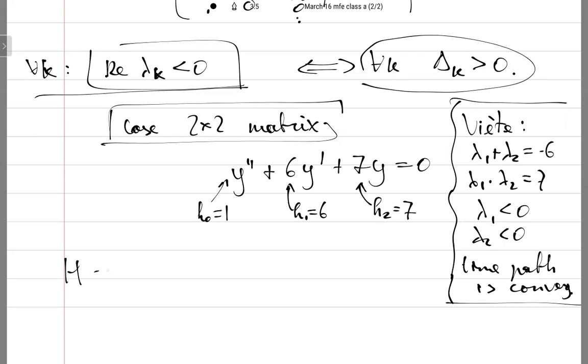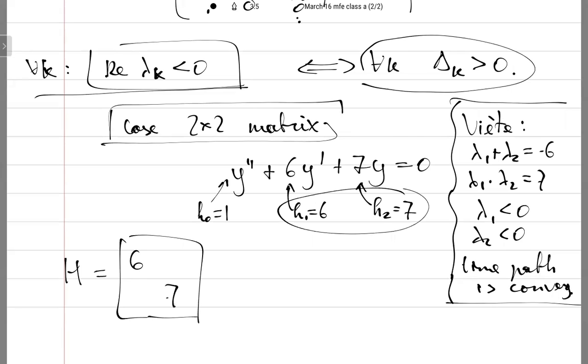So I build the Hurwitz matrix. First of all, I start with these numbers on the diagonal: 6, 7. Then in the first column, I need H1, H0. In the second column, I need H2, and because I have no H3, it's 0.